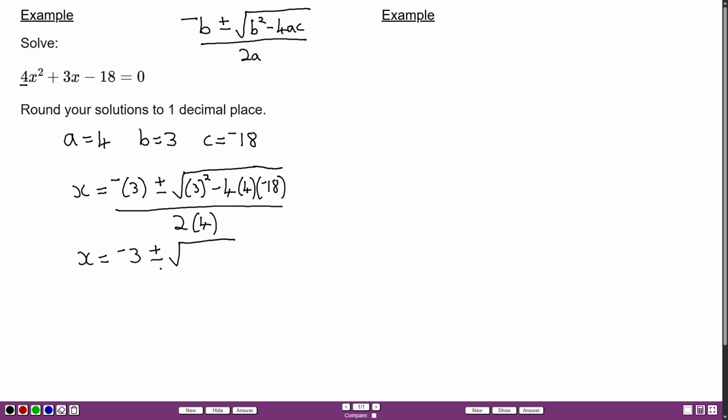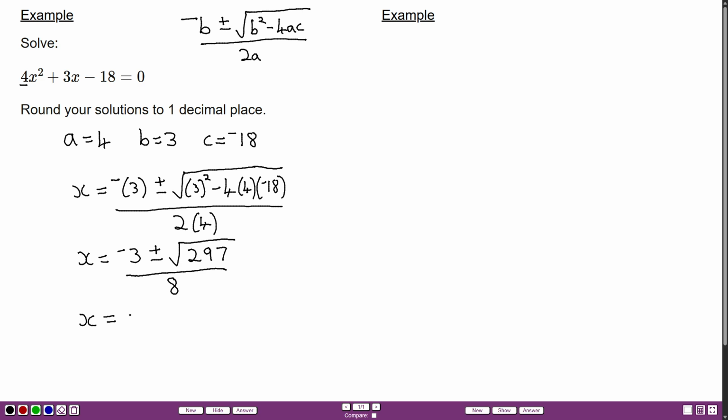So if I write in 3 squared minus 4 times negative 18, that comes out to be 297. And then I'm dividing that by 2 times 4, which is 8. Just to simplify what I'm putting into my calculator. So I've got to do this twice, remember. Once where I add the square root of 297, and once where I subtract the square root of 297, and that'll give me my two x values.